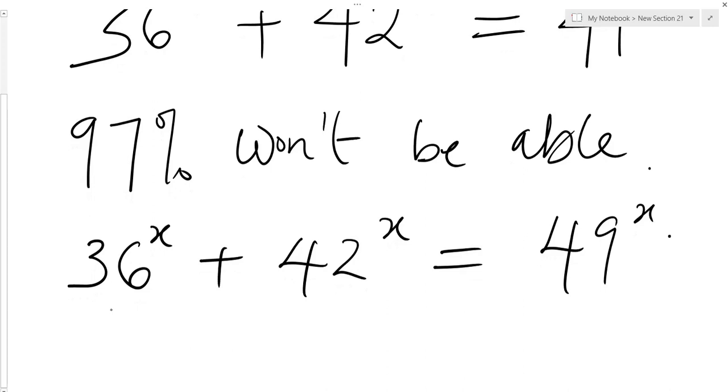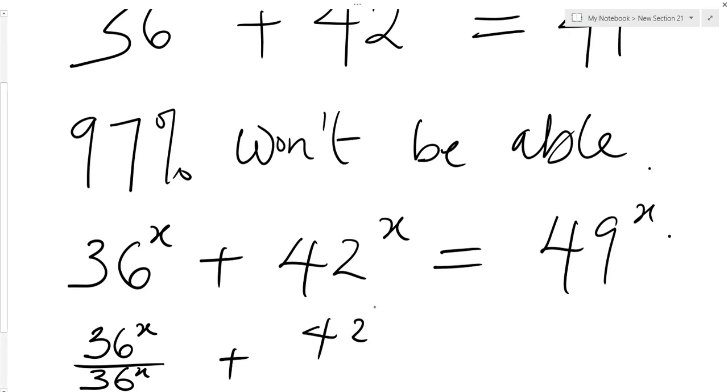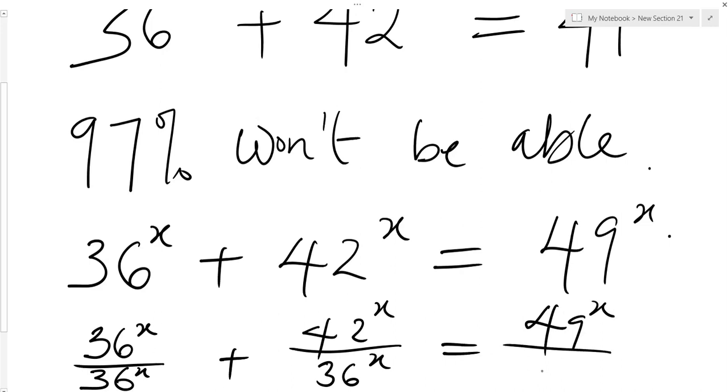Dividing both the left hand side and the right hand side by 36 to the power of x, so now you have 36 to the power of x all over 36 to the power of x plus 42 to the power of x divided by 36 to the power of x is equal to 49 to the power of x divided by 36 to the power of x.